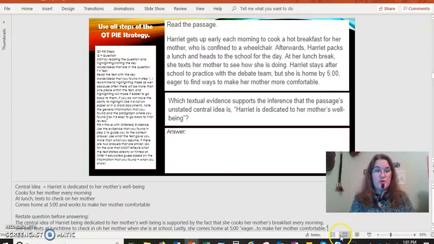Okay, and so this is my answer. I used the evidence that I found and restated most of it in my own words. I used one quote from the text because I thought that that one shows exactly that she's eager, so she's definitely into the well-being of her mother. So we can use quoted evidence, but you've got to make sure you use the quotations around it. And then we restated in our own words the other pieces of evidence that we found.